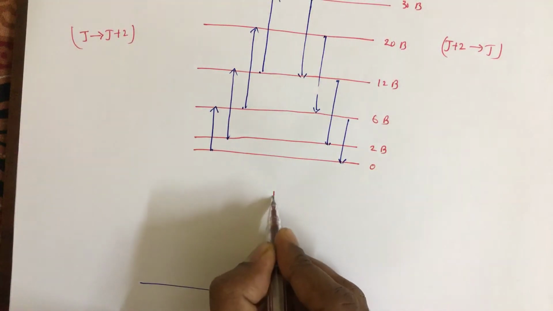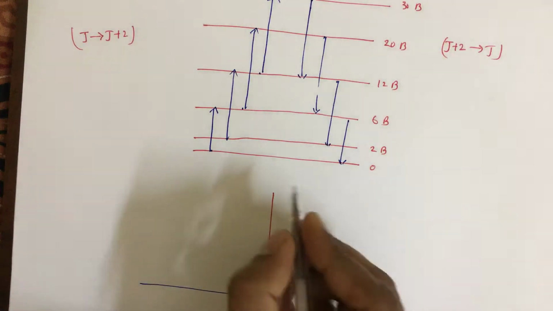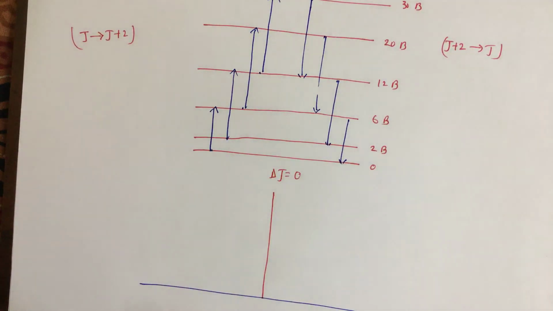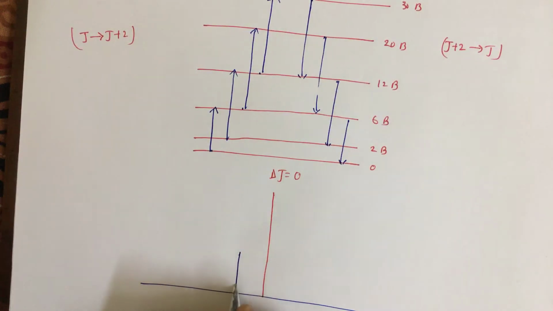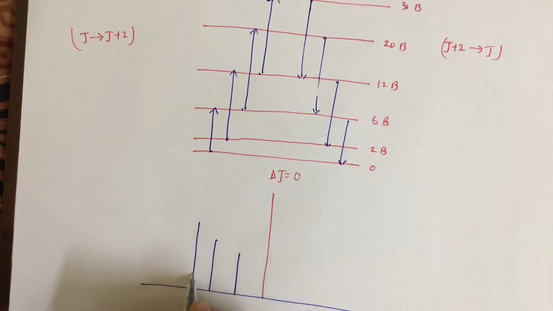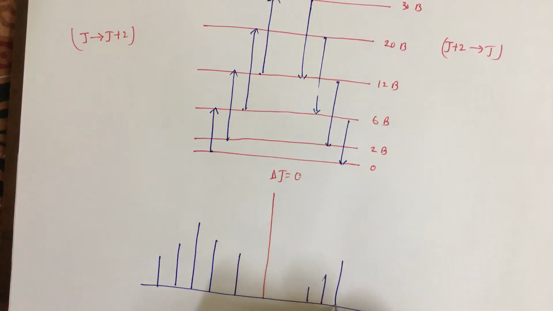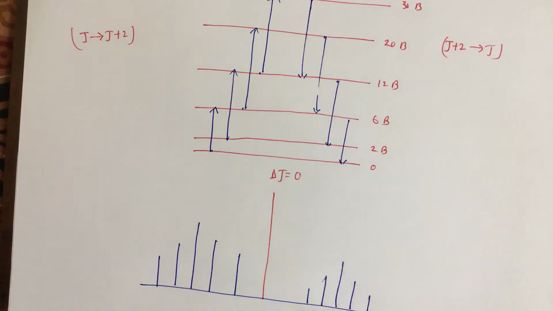This is Rayleigh scattering, so delta J equals 0 here. Now this will be 1, 2, 3, 4, 5, and similarly 1, 2, 3, 4, 5.